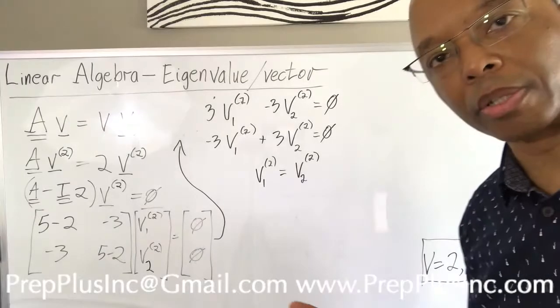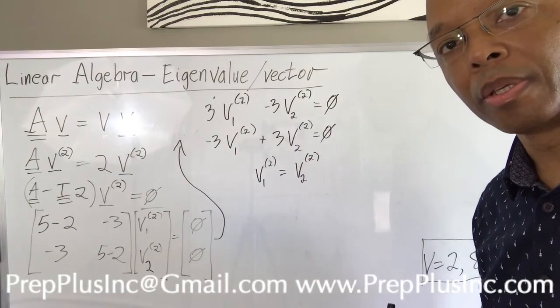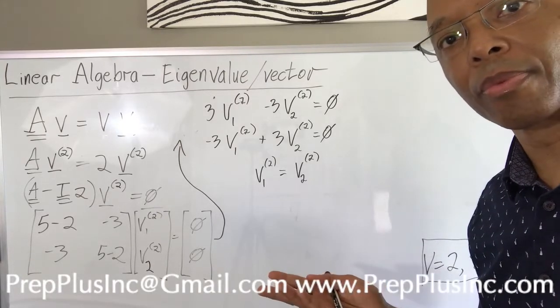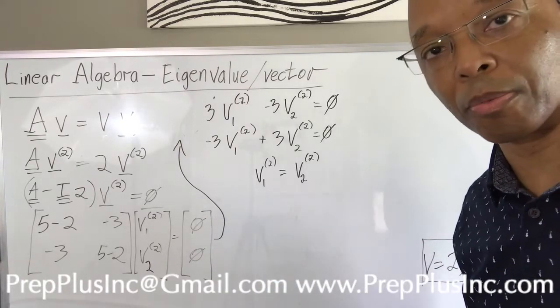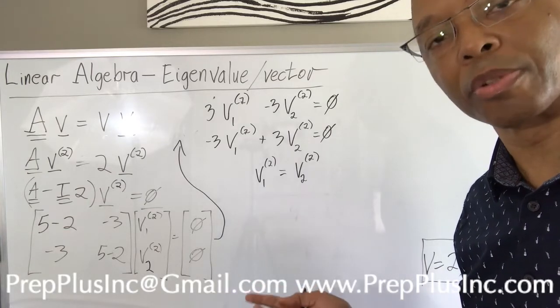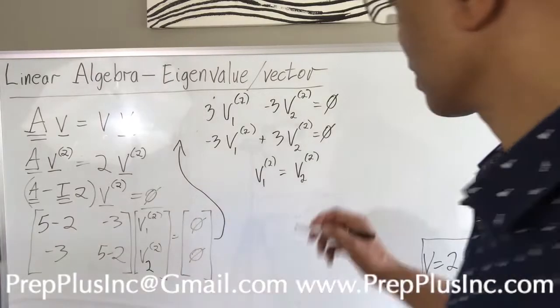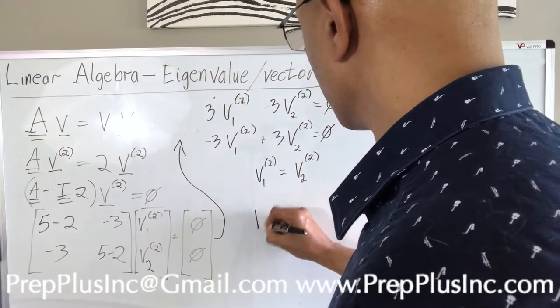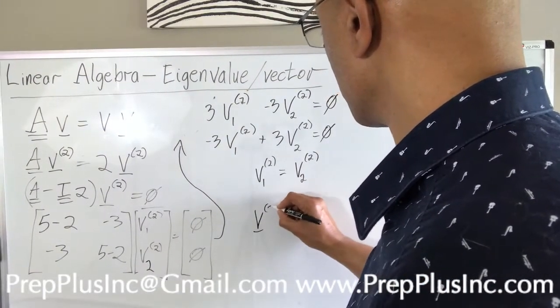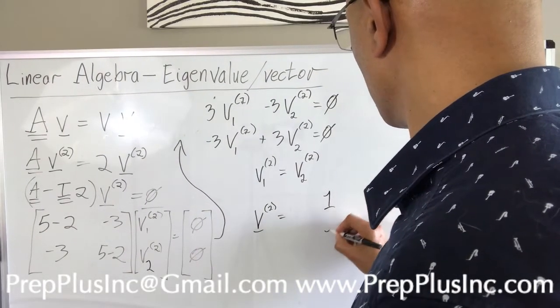So both components of this eigenvector are the same. So we can pick any value that we want. It's convenient, and the simplest one I can think of is just to set both of them equal to 1. So that means V2 equals 1, 1.